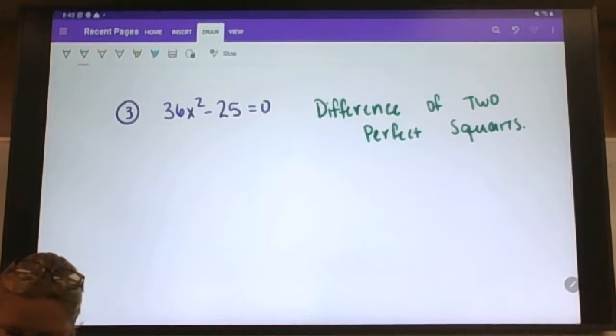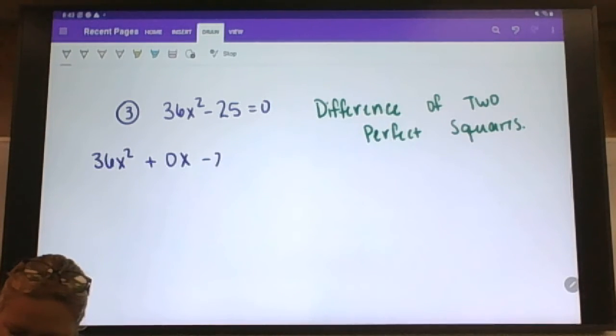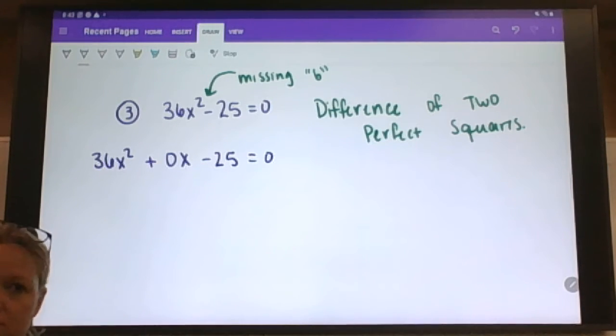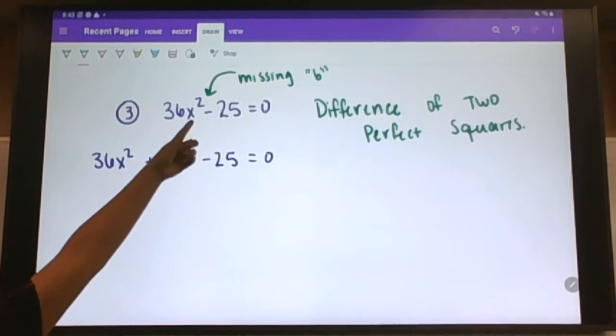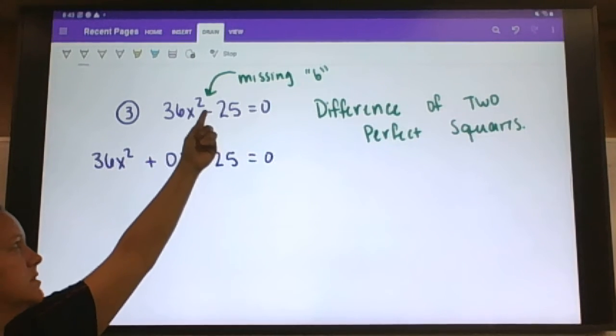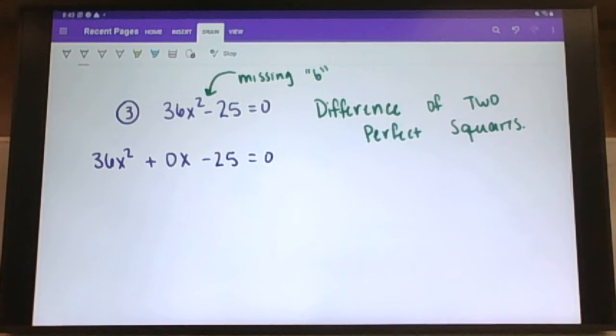So using the A times C method, we would have to put a 0 in the middle, because this problem is missing B. And maybe you thought it was missing C. That's a little confusing at first, but since this is a C because it does not have an X, what we're missing is the X term.